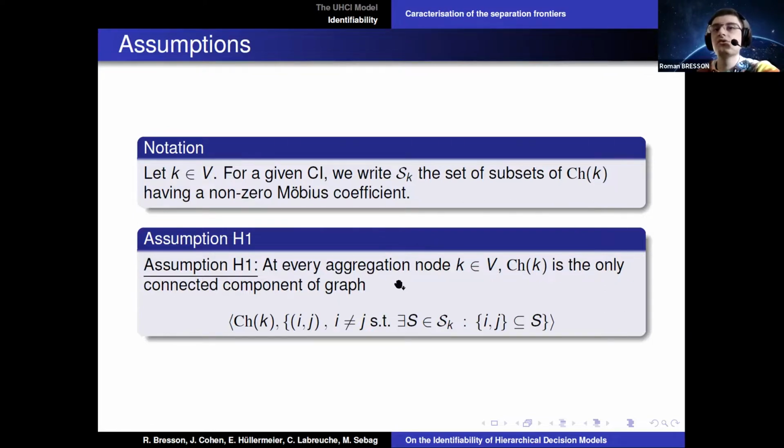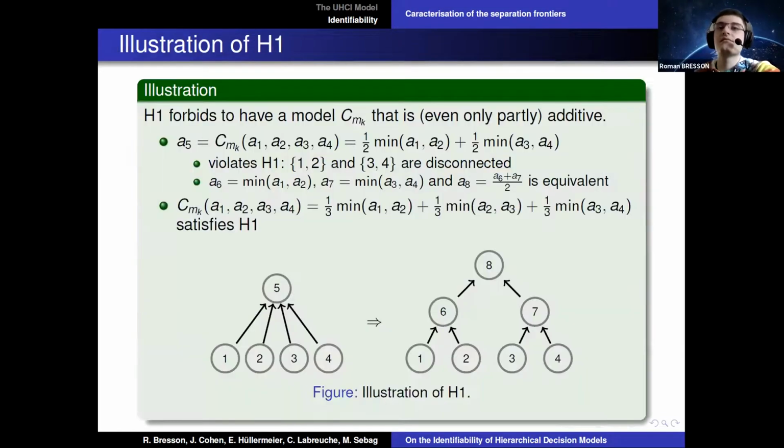You want all of the children of a given node to be connected by either a min or a chain of mins. If you plot the graph of all the terms that interact together with a min, you will have a connected graph of all the children. This prevents some kind of collapse of the model.